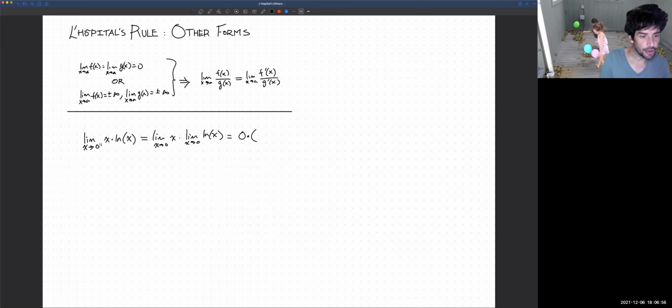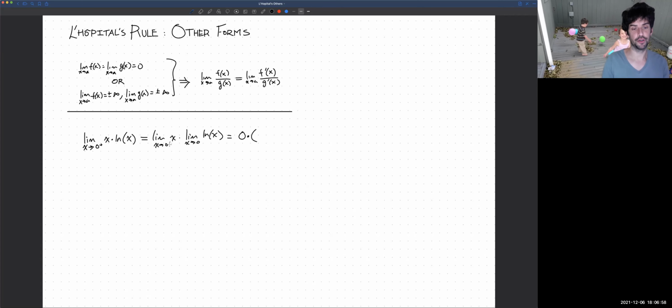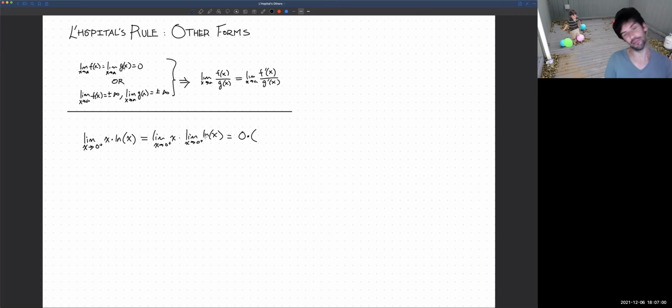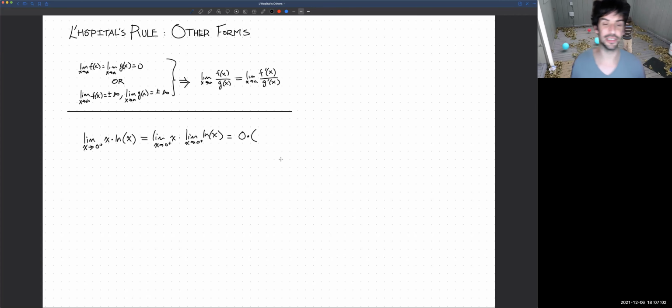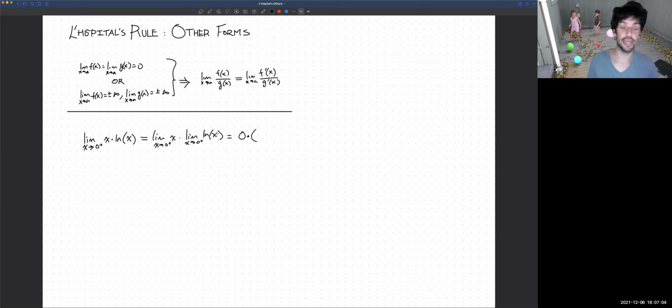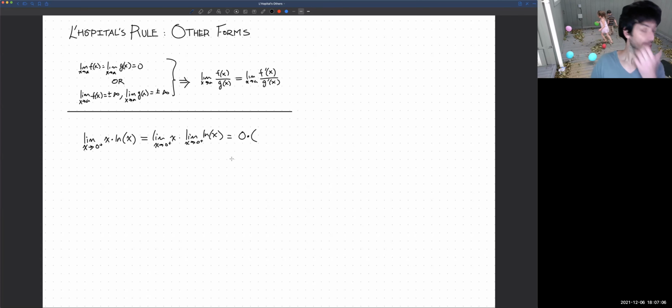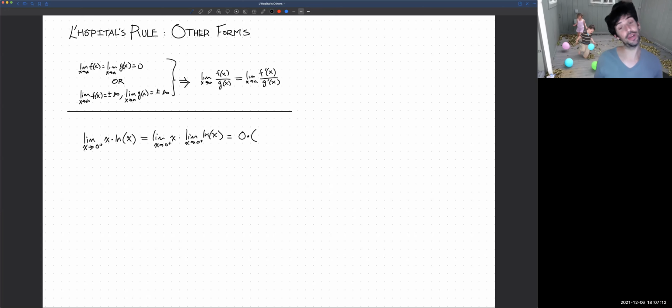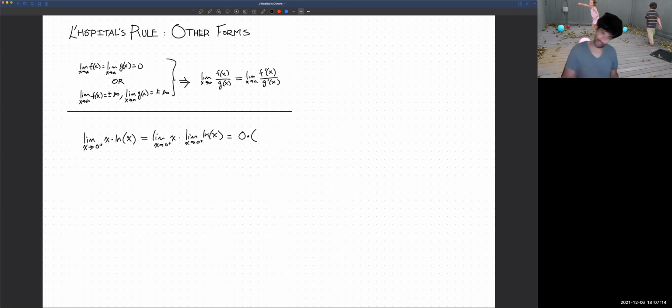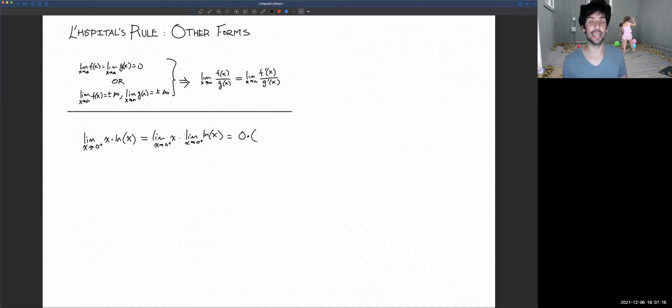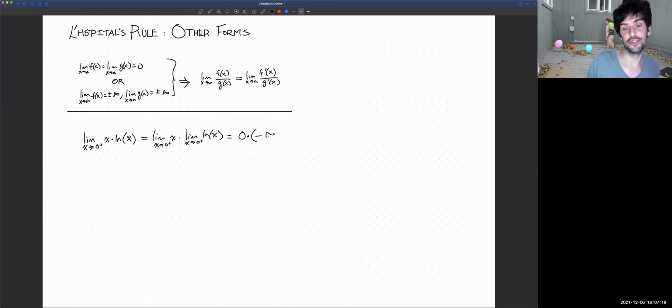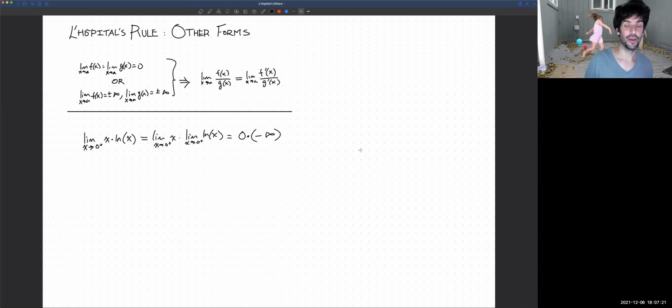We should be approaching from above because it's implied by the natural log. Let's make it explicit. The natural log can only take values from above. As we approach 0 from above, from the right, natural log just keeps getting more and more negative. This limit is negative infinity, right?